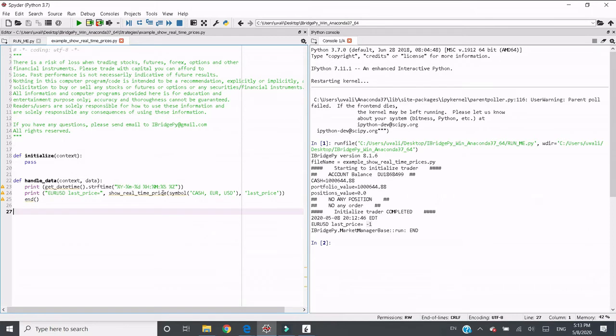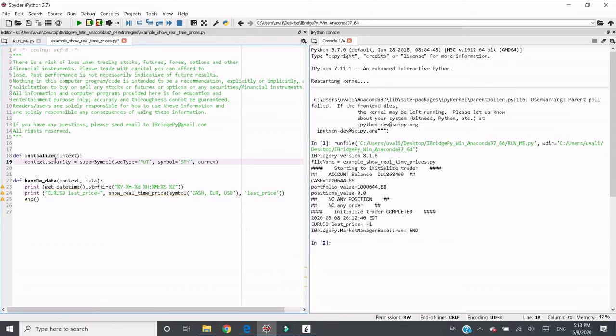If you want to get a real-time price from contracts other than stock or Forex, you can change it to superSymbol. For example, we can put future, security type equal to FUT. Symbol, let's put SPY.